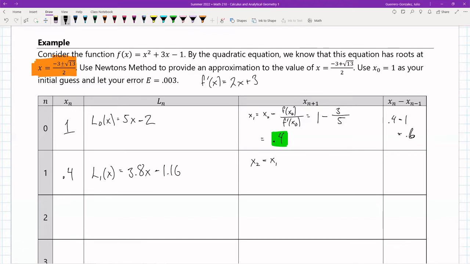It's going to be x1 minus f of x1 over f prime of x1. x1 is 0.4 minus, 0.4 squared plus 3 times 0.4 minus 1 is 0.36, divided by 2 times 0.4 plus 3, which is 3.8.